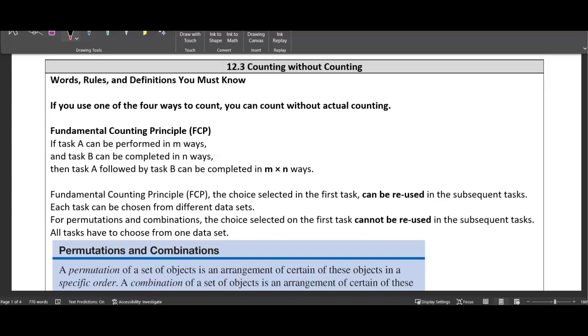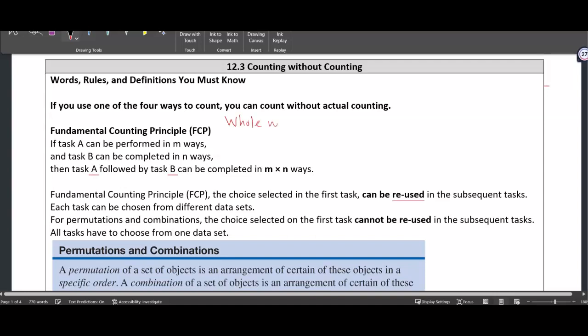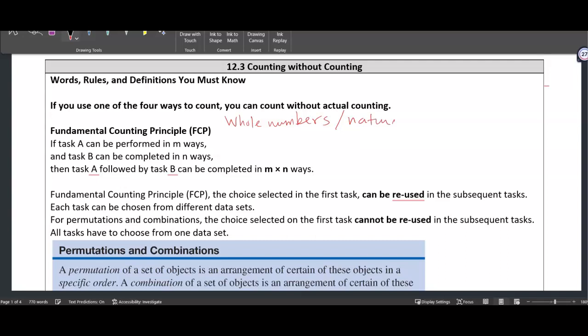So in this chapter, in the nature of counting, first of all, if you had noticed, all the counting answers are whole numbers. Actually, to be more specific, I think our answer when we are counting is natural numbers, right?